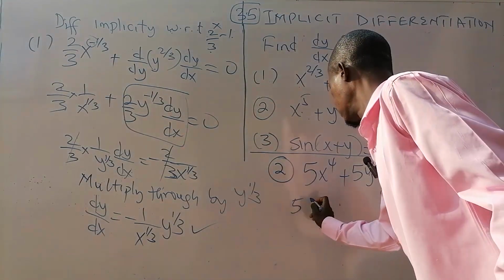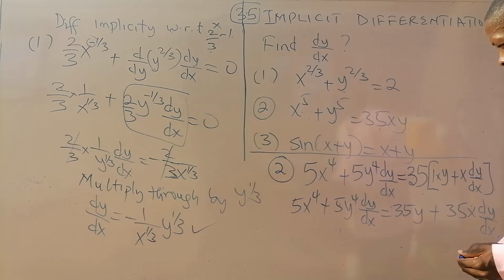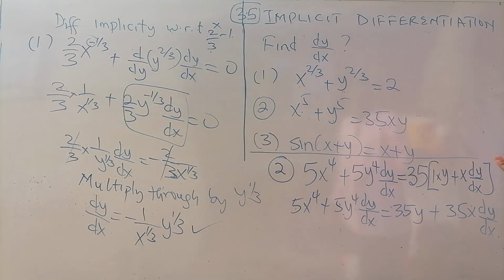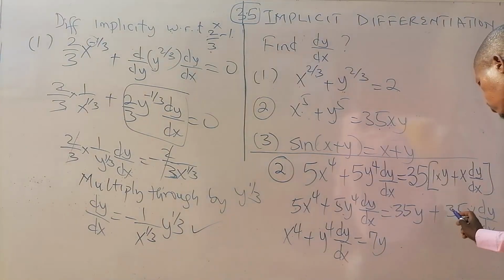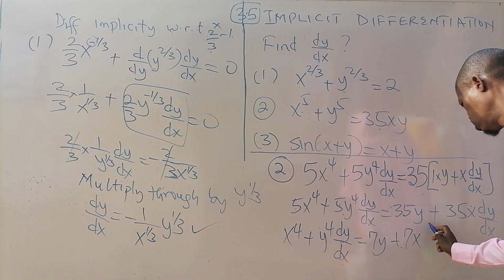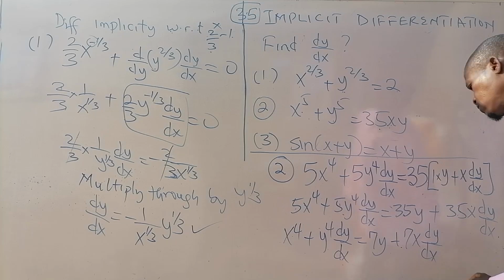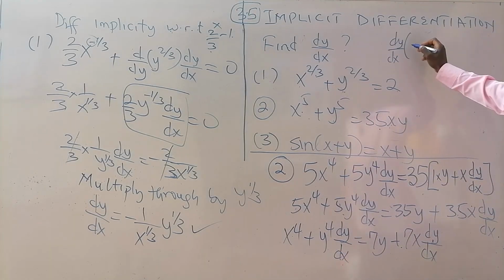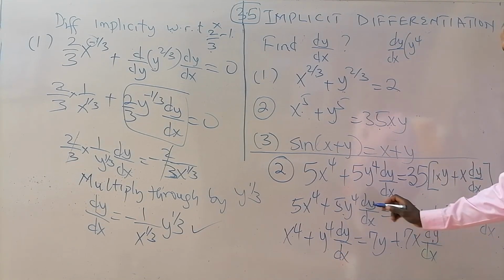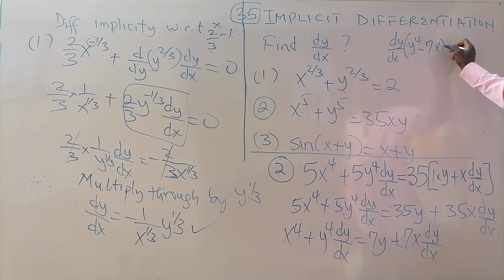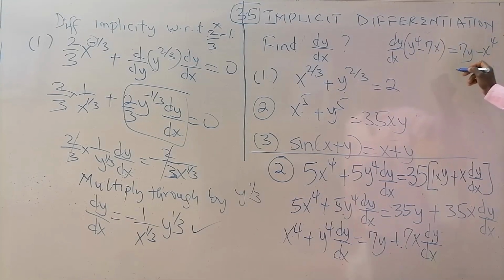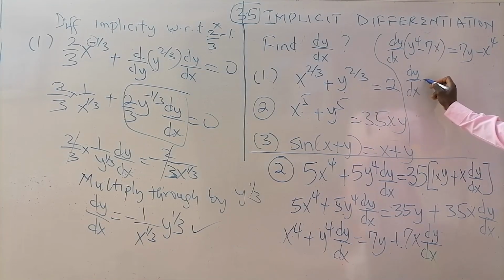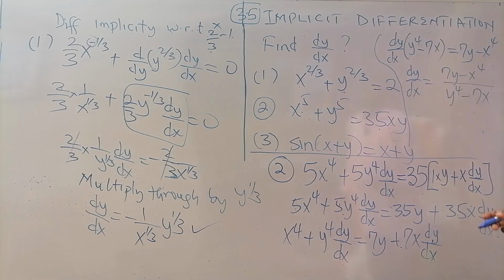You can see 5 is common, so divide by 5. It will be 7y plus 7x dy/dx. Bring the dy/dx together: y^4 dy/dx minus 7x dy/dx equal to 7y. Move this one to the other side, minus x^4. So your dy/dx is equal to this. That's the second one.